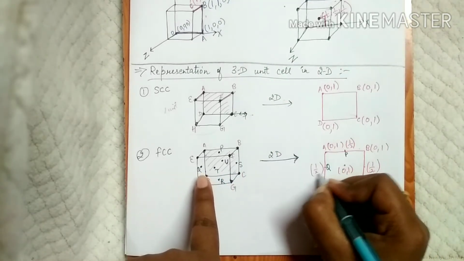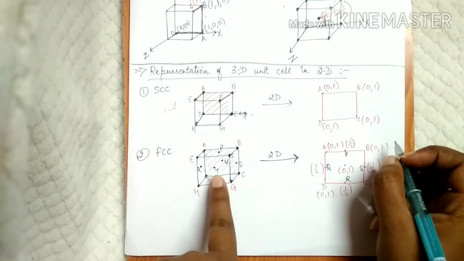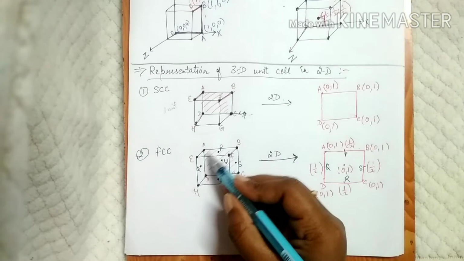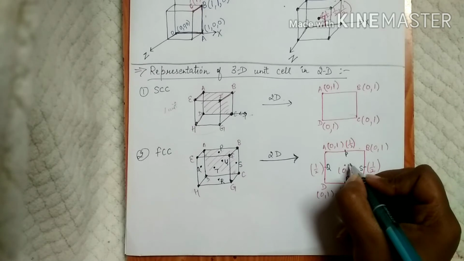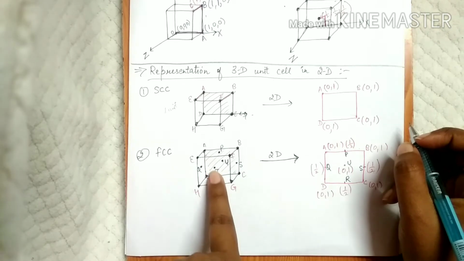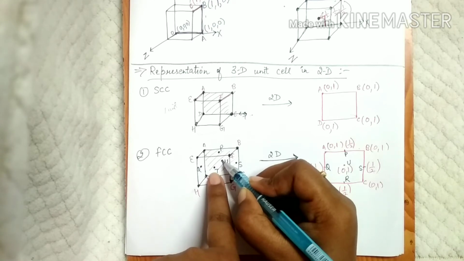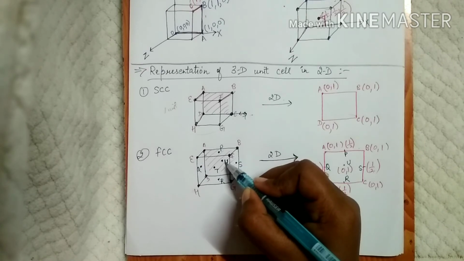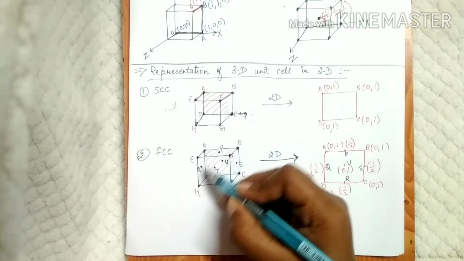So only half is written here, Q. Similarly here R, and here S. If you look at the center of this back face, one atom is present, which is designated as U. So this is your U. And this atom which is designated as T is present at the front face, at a distance of 1 unit from this backward atom U, which is present at the back face.